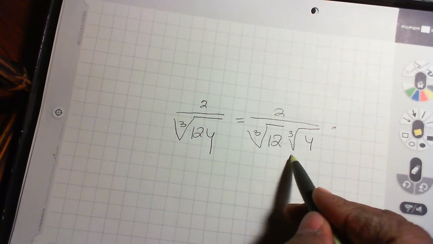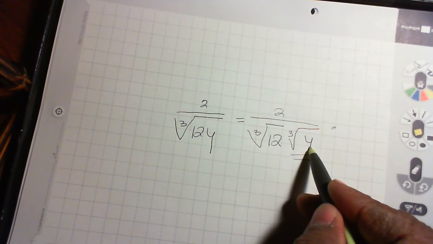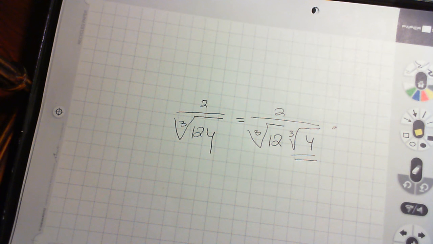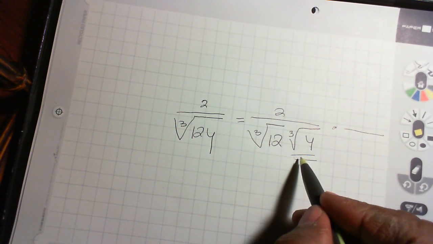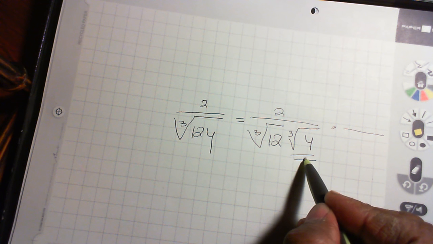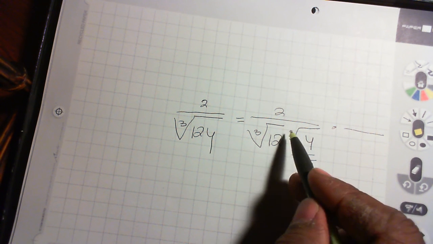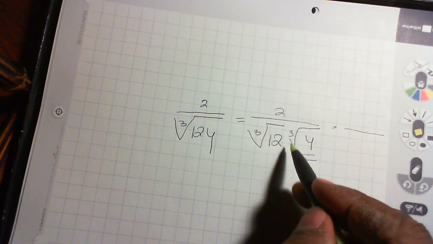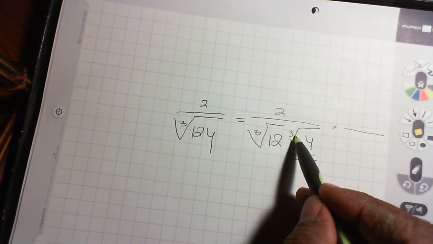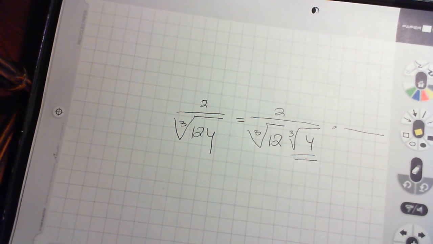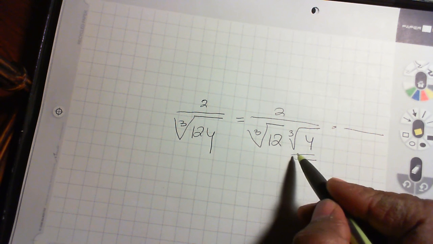So here, what I can do is multiply the bottom by the cube root of y squared. Then the cube root of y squared times the cube root of y is equal to the cube root of y cubed, which is just y.